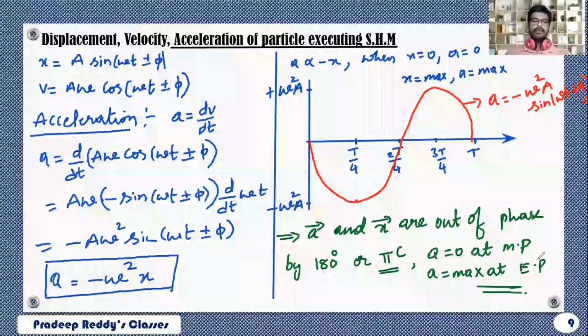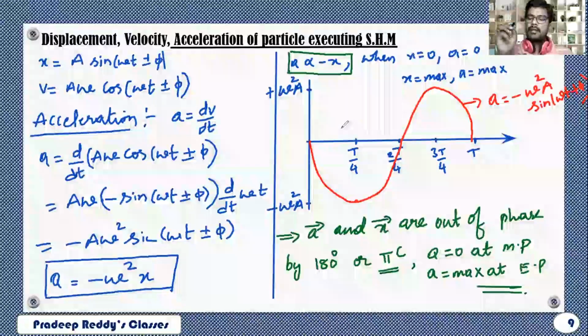Clear? So this is how you can write down acceleration, and this acceleration condition is a is proportional to minus x. So in order to prove any motion as simple harmonic motion, you need to prove that acceleration of the particle is directly proportional to displacement in opposite direction.